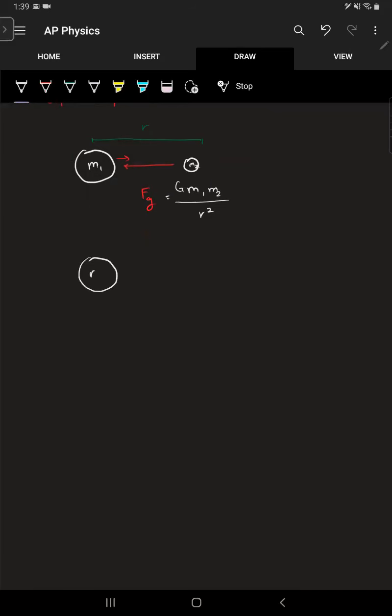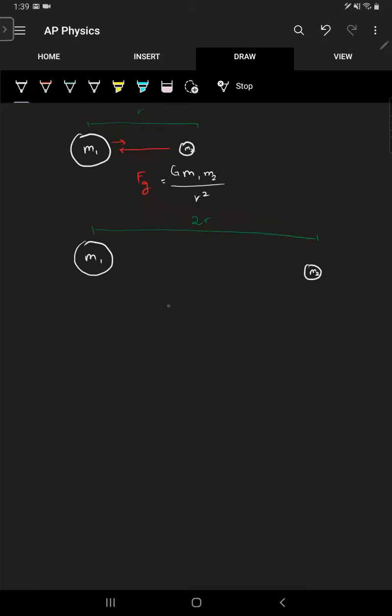If we had m1 here and m2 at twice the distance, 2r, then the new Fg would be equal to G m1 m2 divided by 2r squared. See that? Which means it's G m1 m2 divided by 4r squared, right?